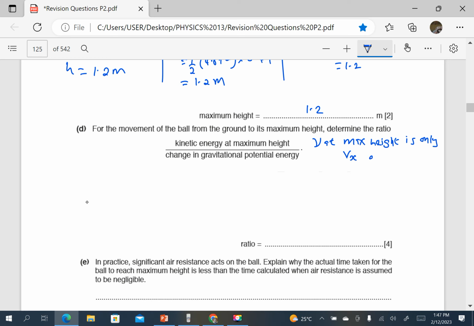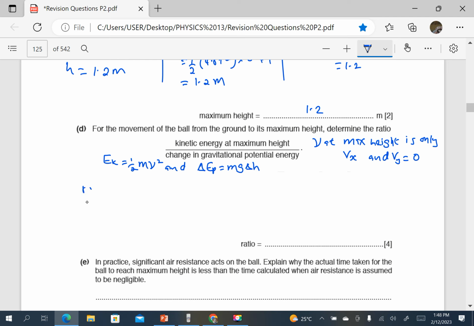We have said that V in the vertical becomes 0. We know that kinetic energy is a half mv squared, and the change in potential energy is equal to mg times the change in the height h.